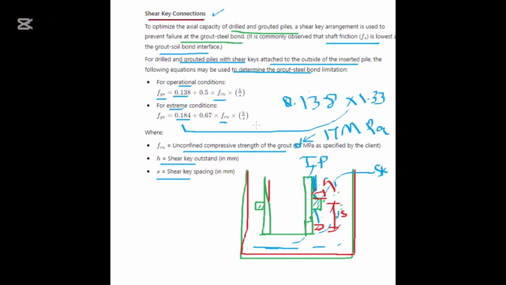So with this H by S ratio, if the outstand is increasing, we will get a higher unit skin friction, and if the spacing is reducing, that means very closely spaced, we will get a higher FGS value also. The unit skin friction goes up if spacing is coming down, and it goes up if H is going up. It's the H by S ratio.